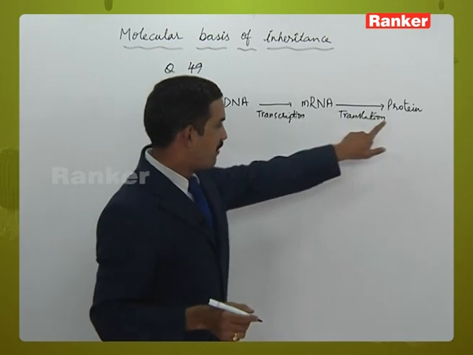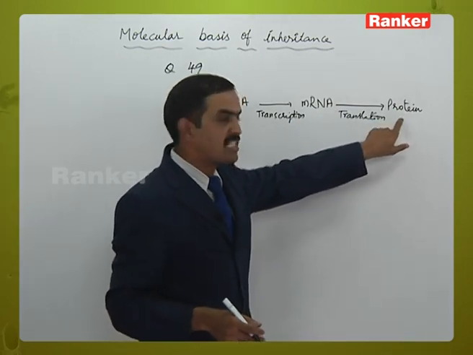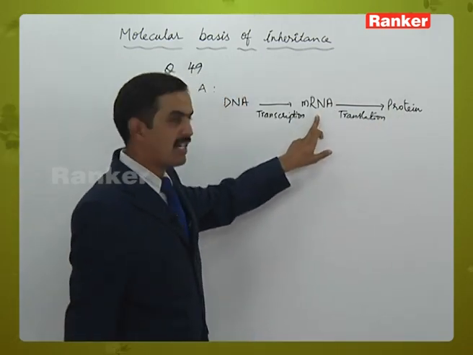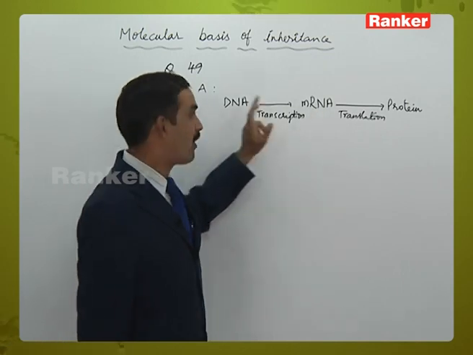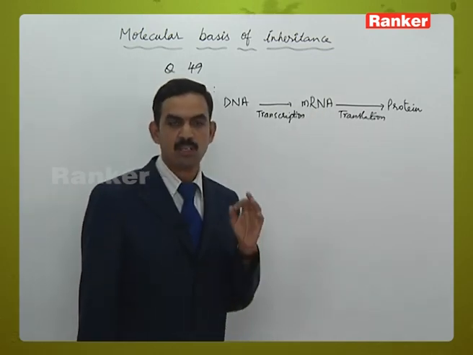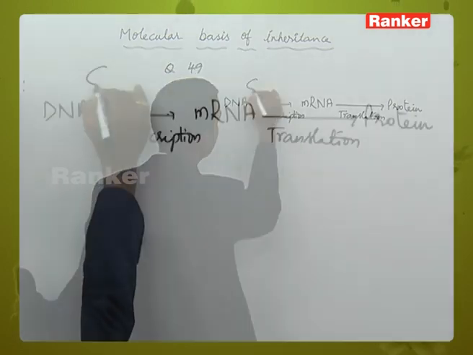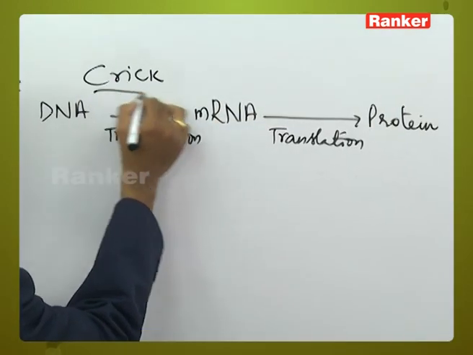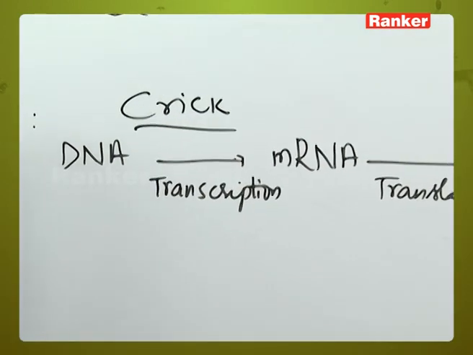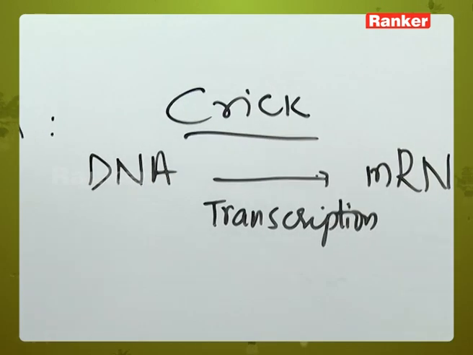So the information related to the synthesis of proteins is there on mRNA, and that mRNA gets that information from the DNA molecule. This concept was given by a scientist called Crick. So the assertion statement given is correct.